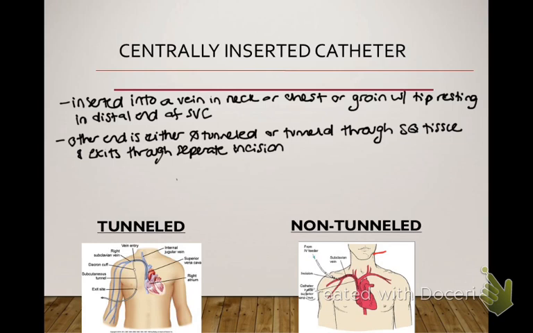They have the tubing. They're going to make an incision, thread it in so that it's sitting right at the distal portion, right before you get to the right atrium. And then they'll either leave it just as is, which is non-tunneled, or they'll put it under the skin, which is tunneled. Okay?